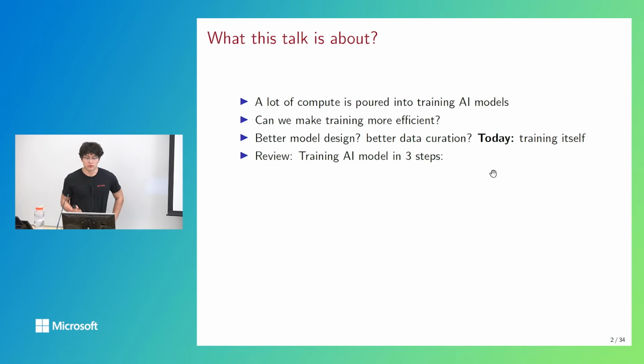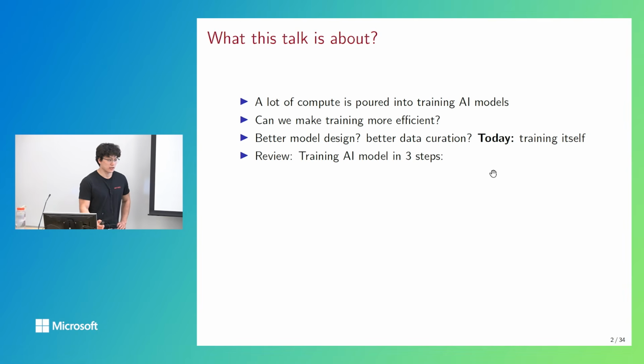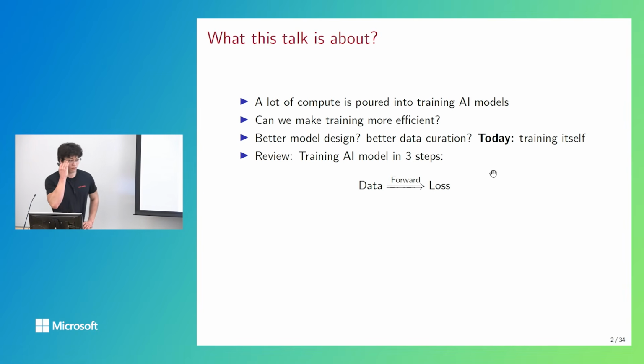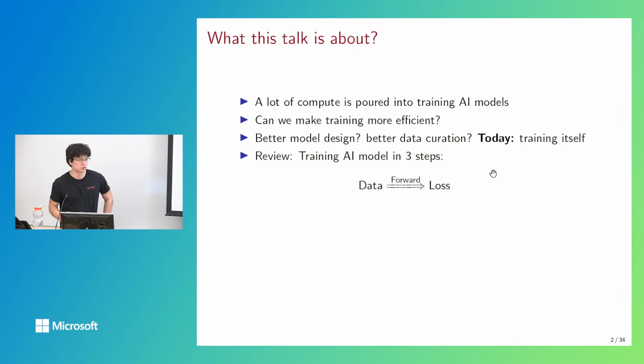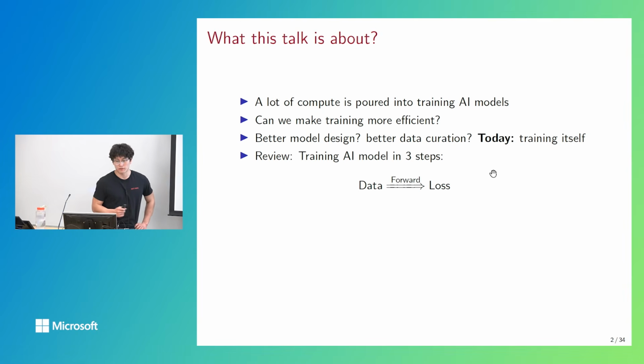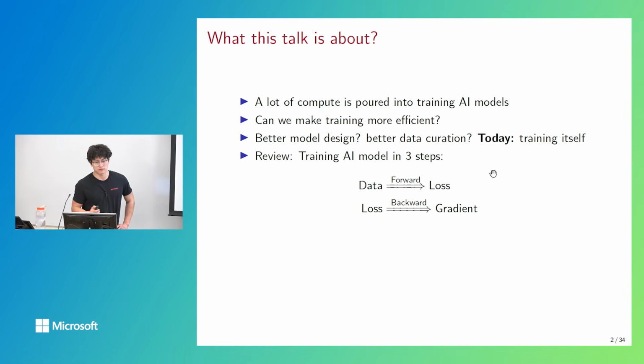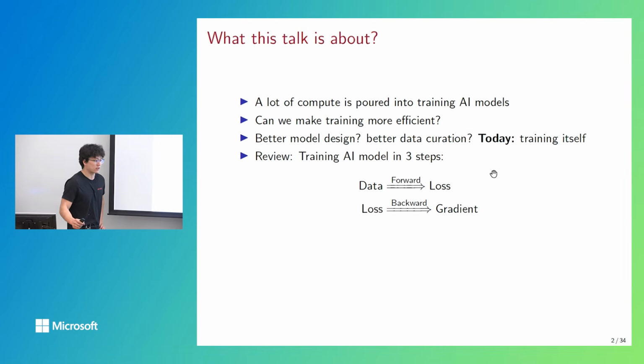So let's review how AI models are trained in 3 steps. So you have data and model setup and training code base. Then data goes into forward pass and gives you the loss. And the loss after backward pass gives you these vectors and matrices called gradients.